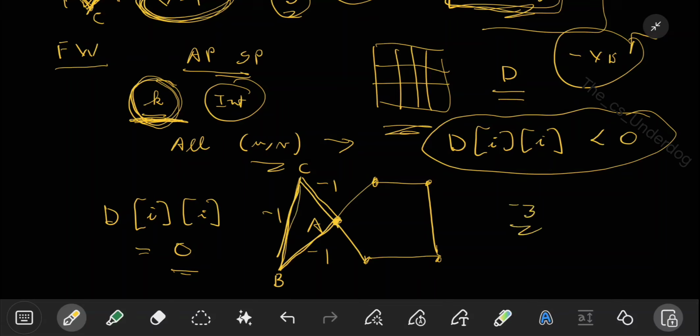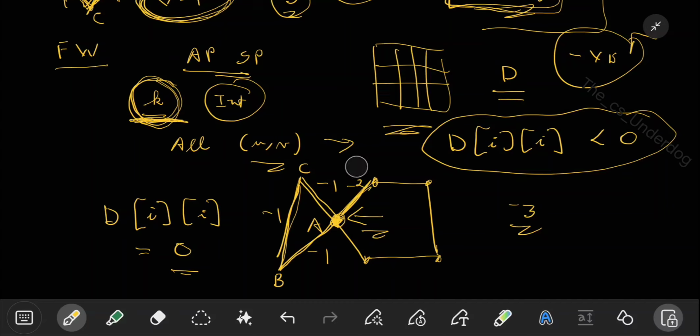This is when distance from that vertex to itself has gone negative. When will this happen? When the vertex is part of a negative weight cycle. In no other case it is possible. Let us say vertex is part of a negative weight edge. That is, if this edge is negative, -2, it is going from here to here. But distance from A to A will not be negative.